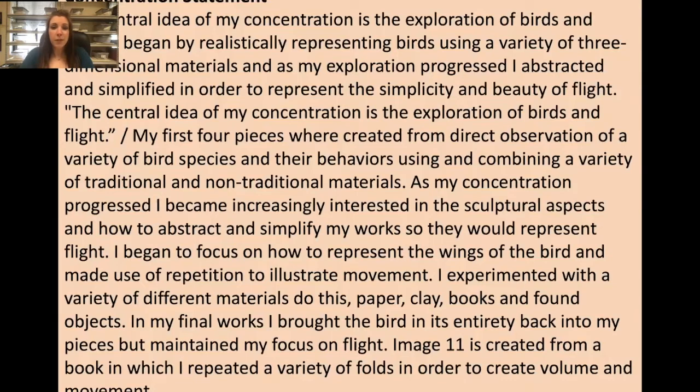My first 4 pieces were created from direct observation of a variety of bird species and their behaviors using and combining a variety of traditional and non-traditional materials. As my concentration progressed, I became increasingly interested in the sculptural aspects, and how to abstract and simplify my work so that they would represent flight.